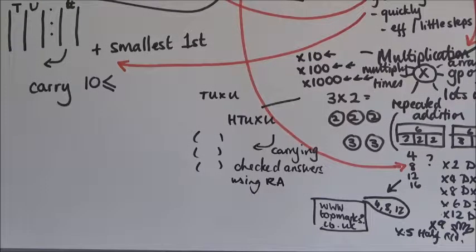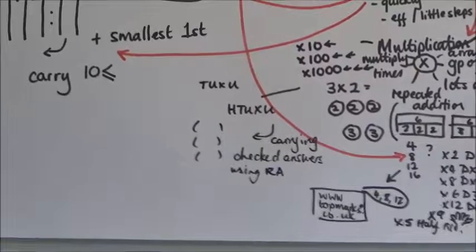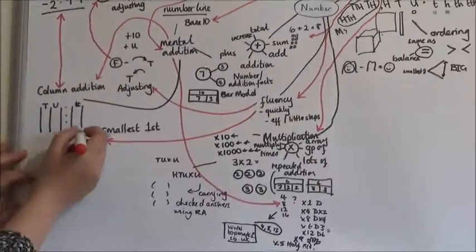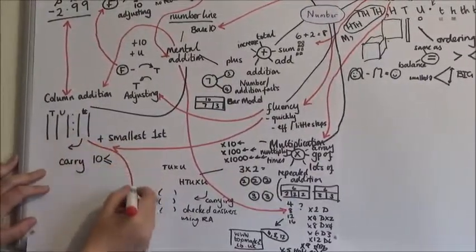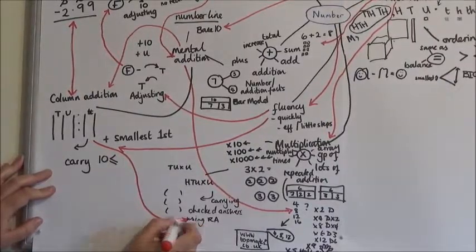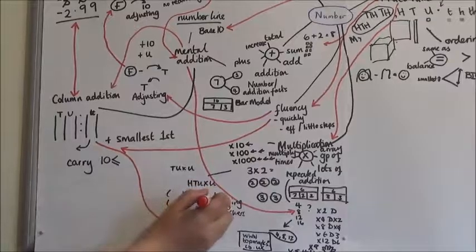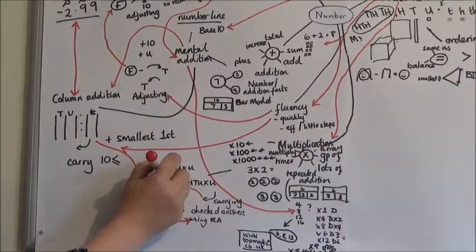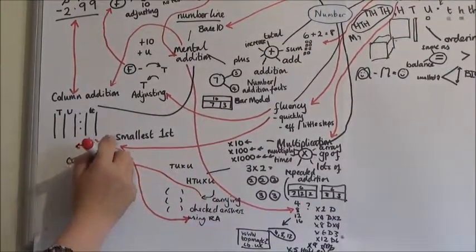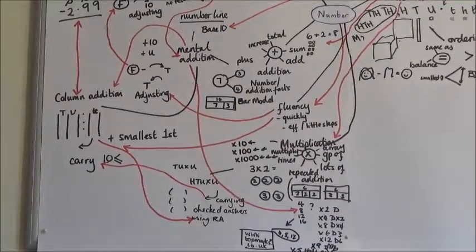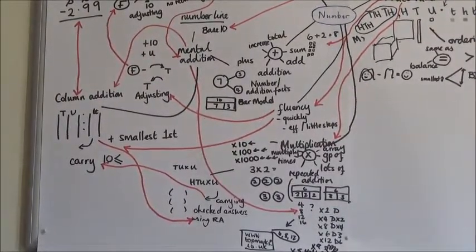So, we used our understanding of column addition to help us with our repeated addition. And we also looked at the carrying strategy when a number was more than or equal to 10.